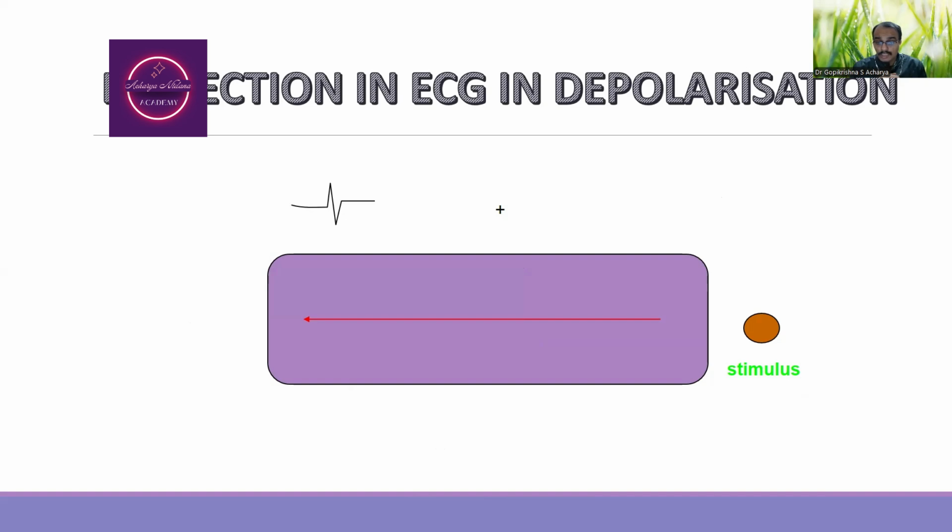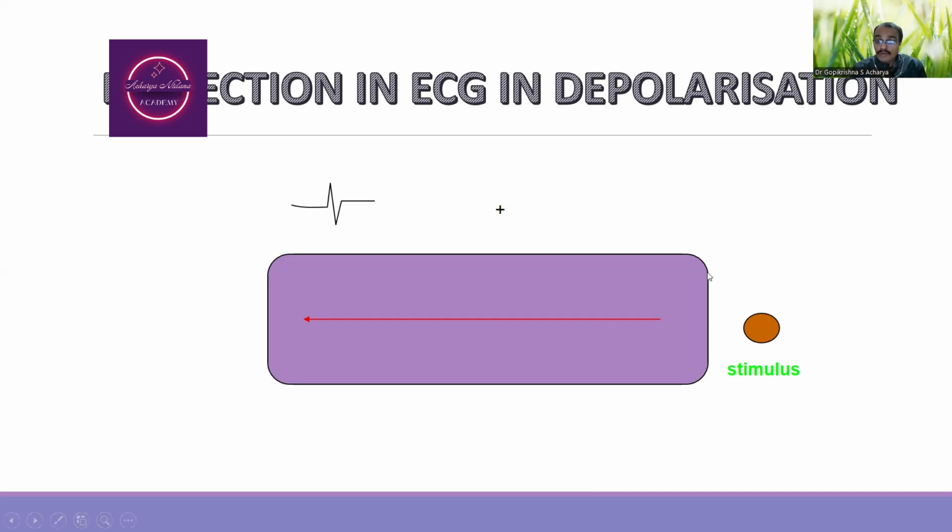When you think about the electrical potential, the stimulus is happening somewhere at the end, and you are keeping an electrode somewhere in the middle of the myocardial cell like this. That is responsible for the prominent positive as well as negative deflection.